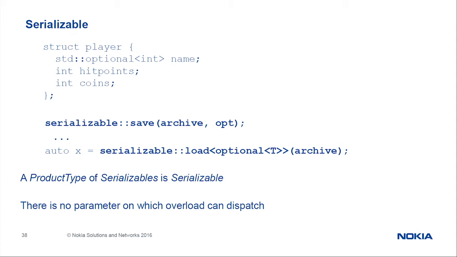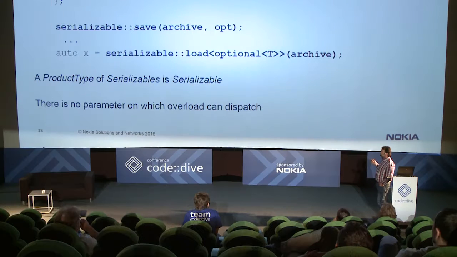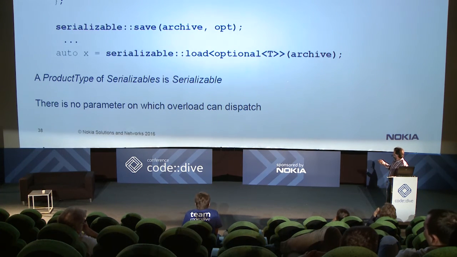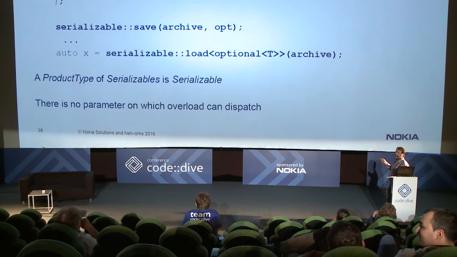Here, my customization point will be optional T. Optional T doesn't appear as a parameter of the overloaded function. Then I cannot use ADL for that. You see, overload will work only on this archive variable.